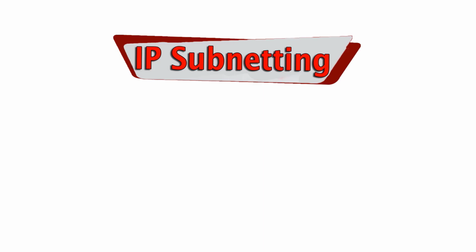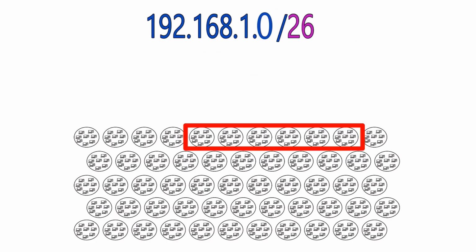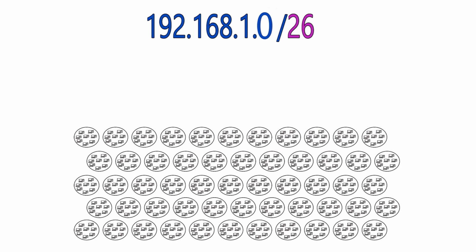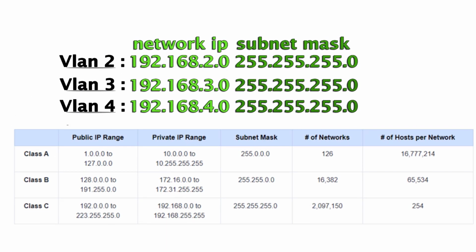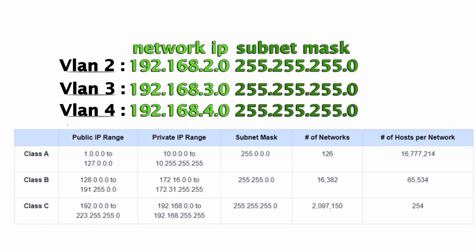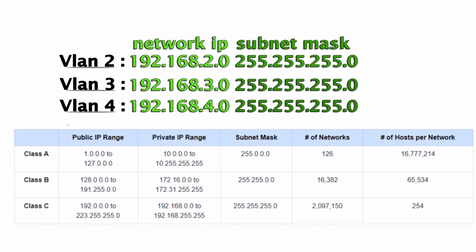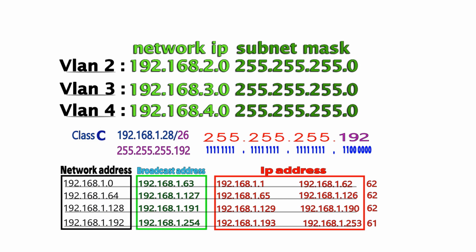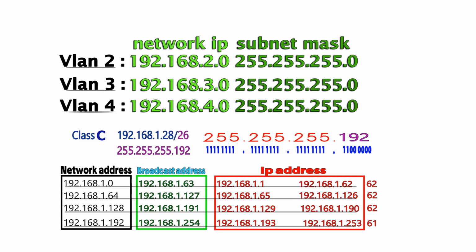What is IP subnetting? We specify a certain number of networks and cancel the rest. We determine the number of networks according to the number of computers. This means that I have 3 important VLANs, or 3 networks, and we will divide each network into a number of networks, as you can see before us.